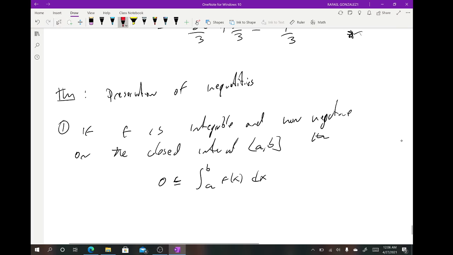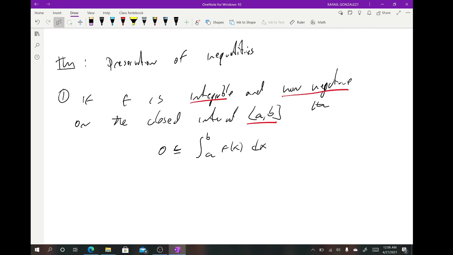Okay, so if you're non-negative and you're integrable on a closed interval AB, then the least that you could be is 0, because you're not negative.